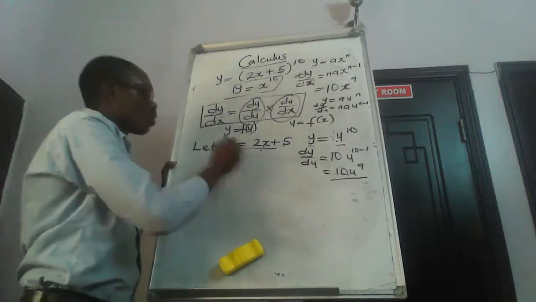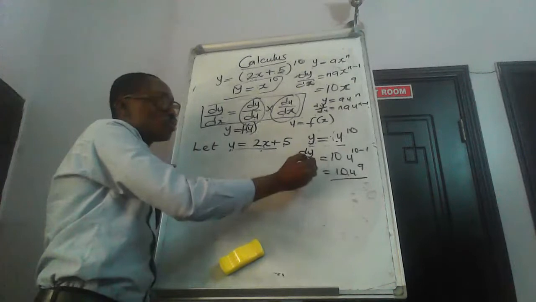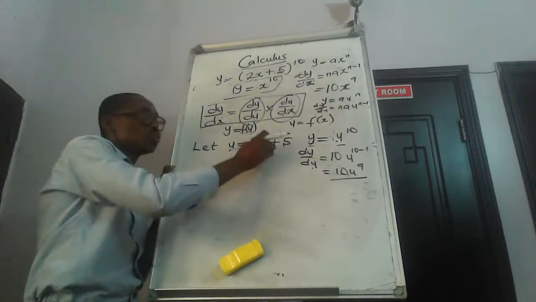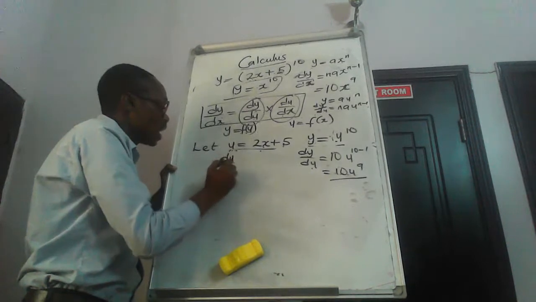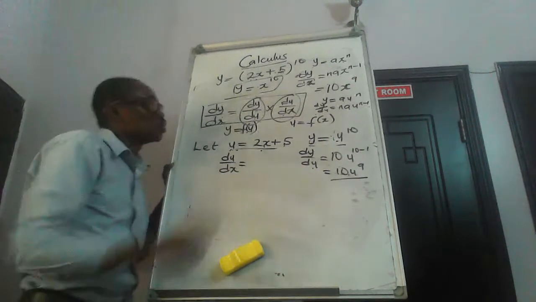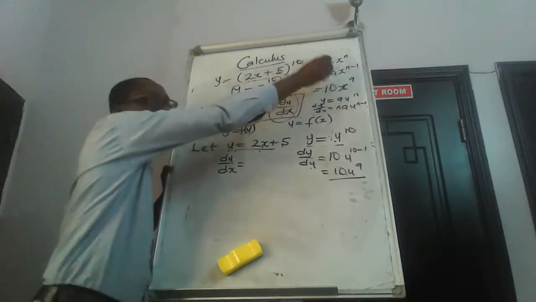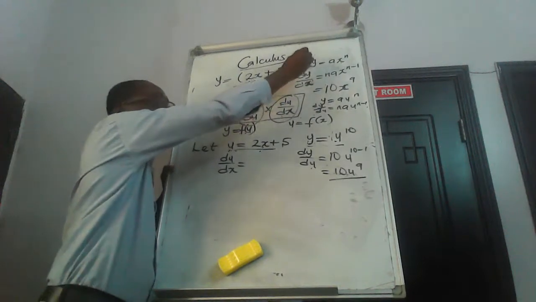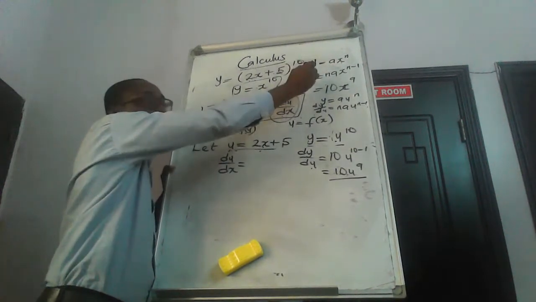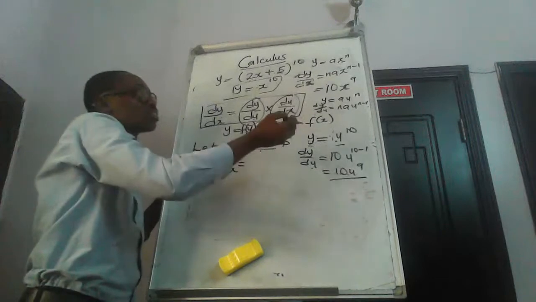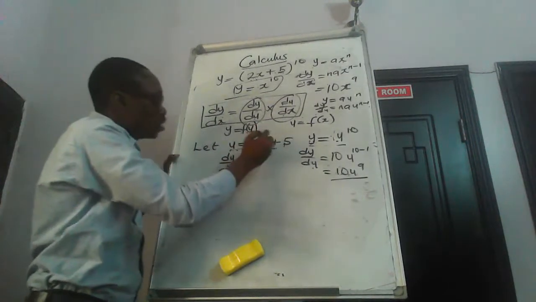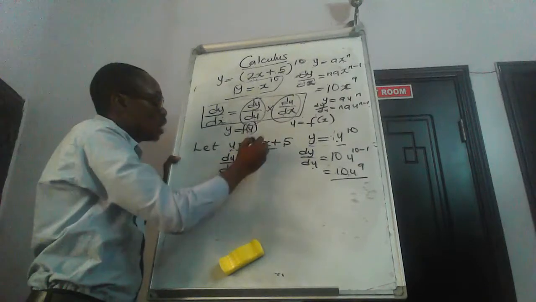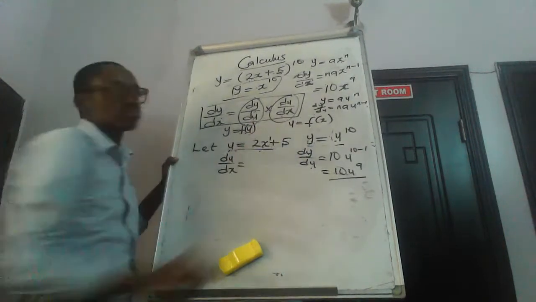Okay, so now, since we've gotten dy/du, we need to get our du/dx. So du/dx is going to be equal to, still applying the general formula. Although what we have here is dy/dx, you can replace the y with u now. So our du/dx is going to be equal to 2x, which is the same thing as 2x raised to power 1.